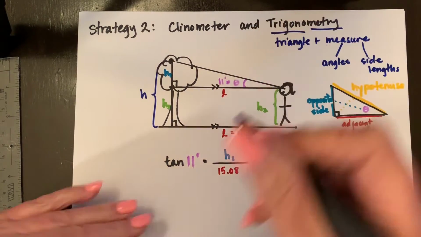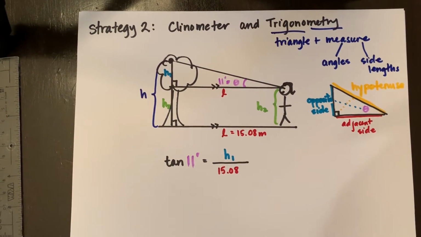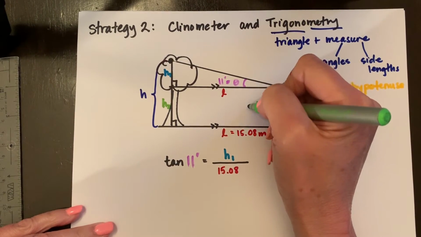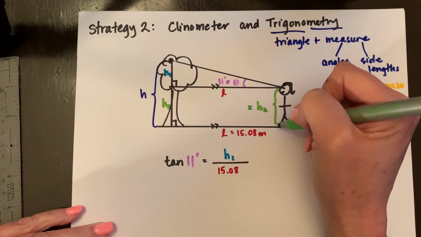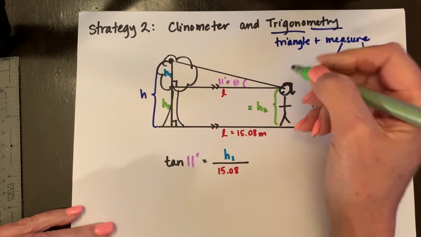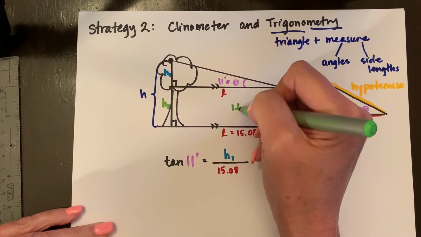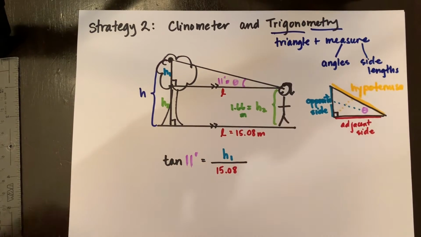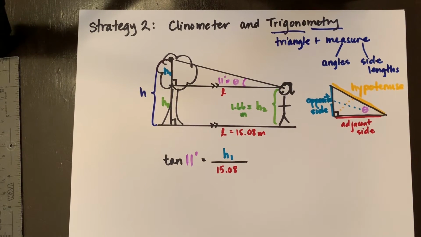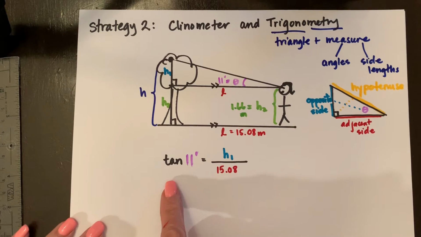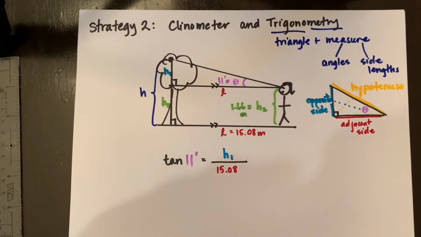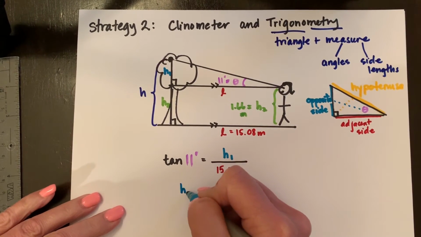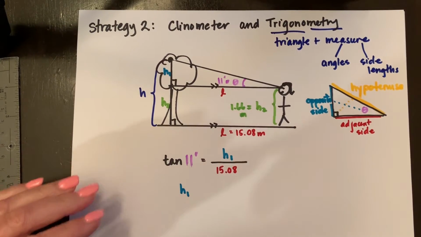It was 11 degrees. And by the way, since I'm labeling our diagram, the height from the ground to my eyes was 1.66 meters, 166 centimeters. Okay, so let's calculate the height of the right triangle.